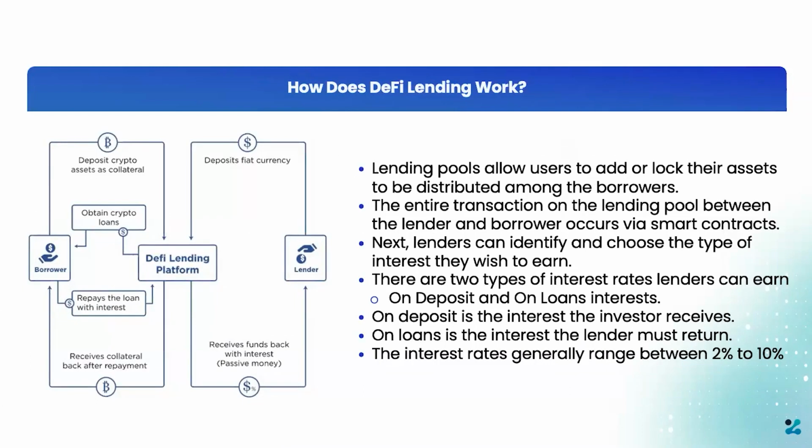For each pair that you choose, let's say whether you want to take USDT against Ethereum or another token against Ethereum, a certain collateralization is required. For example, let's say you have Ether worth $1,000 and you want to take USDT against that.